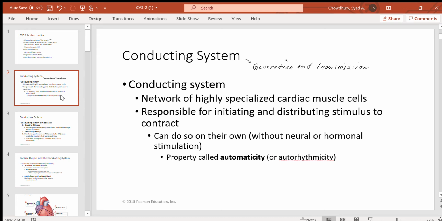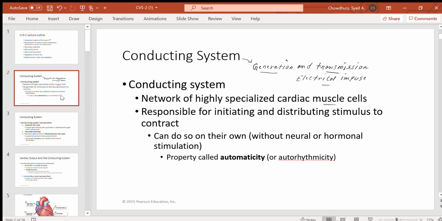Those are responsible for what? Production or generation and transmission of electrical impulse. Inside the heart, the electrical impulse is produced in a rhythmic way, one after another. So it is a network of highly specialized cardiac muscle cells.